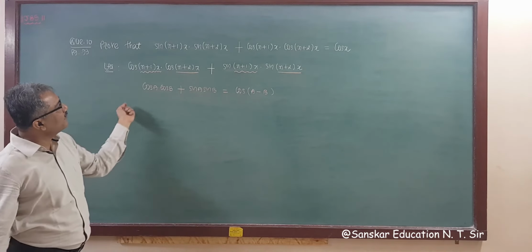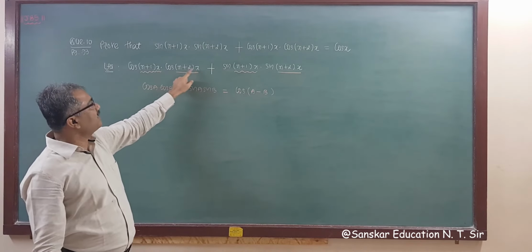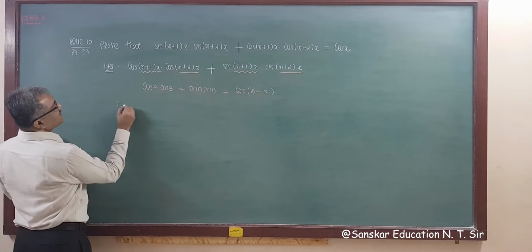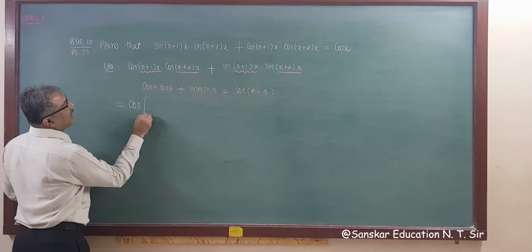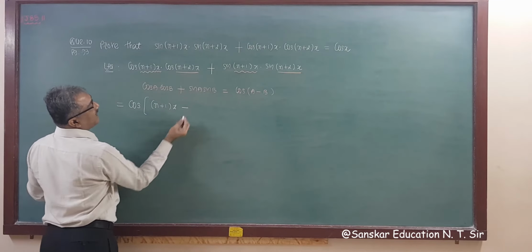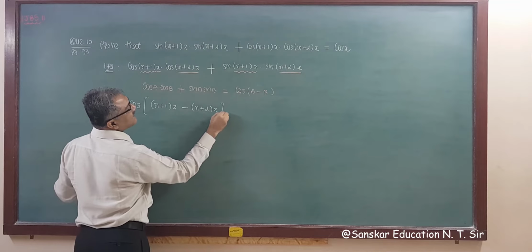So applying this formula, our a is (n plus 1)x and b is (n plus 2)x. So the answer is cos(a minus b). So this is cos of a, (n plus 1) into x, minus b, (n plus 2) into x.